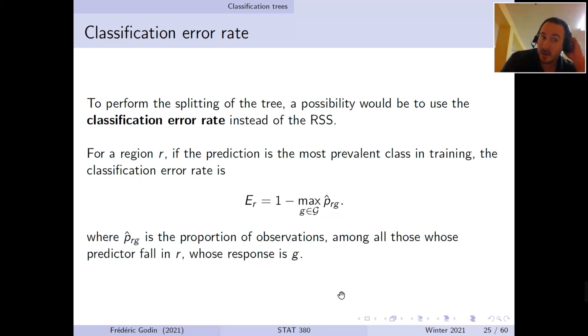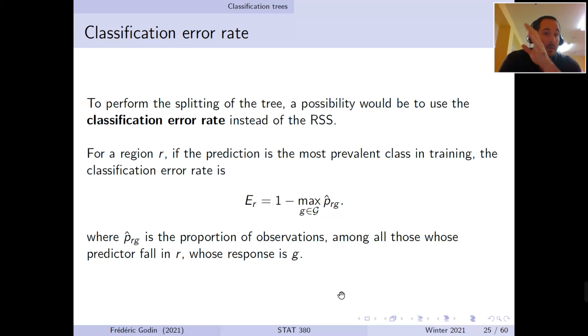Once again, we could consider the classification error rate as a metric to be minimized when we make a split. For example, if we have a region which we'd like to split into two, we could find the predictor among the set of predictors, and a threshold.